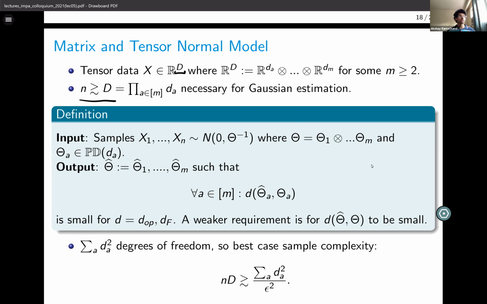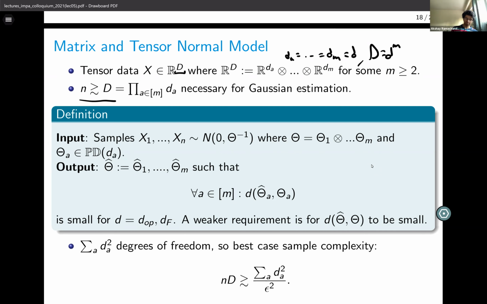So the dimension of this thing grows as little d to the K. So let's say d_1 equals d_m equals d, then if you have m parts, capital D is d to the m. This could be much bigger than any number of samples you could hope for, right? So you can't learn an arbitrary tensor covariance matrix with few samples, but we could change the model and then hope to learn much quicker. That's the plan for the matrix and tensor normal model.